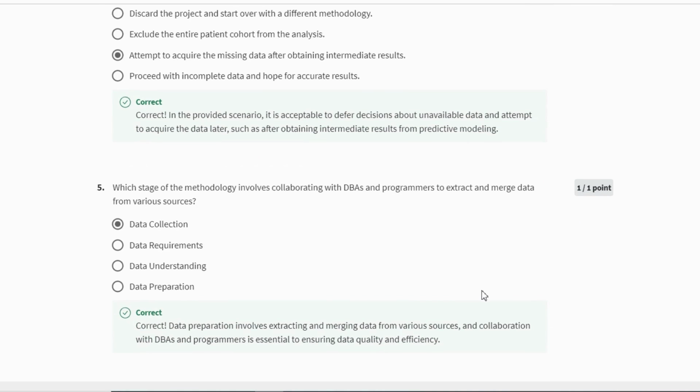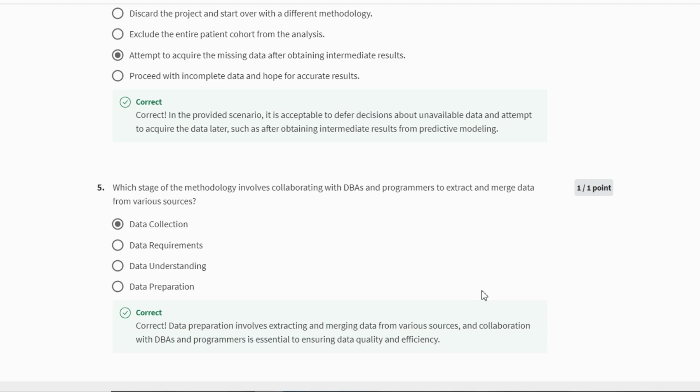Fifth one is: which stage of data methodology involves collaborating with DBAs and programmers to extract and merge data from various sources? This is the first stage where we are going to have the data collection. You got the data goal, that you have to do this kind of analysis and give a solution for that; the client has said that.